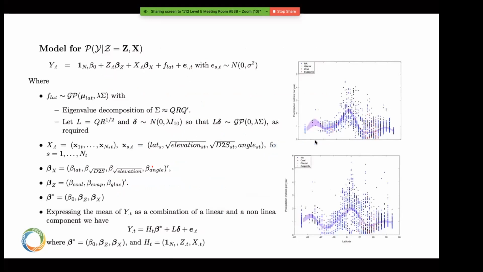Okay, so the second part was to get a model for the precipitation, given that we observe the sediments and some spatial characteristics. Here is pretty much a straightforward regression with all the components added in, with two things that are different.